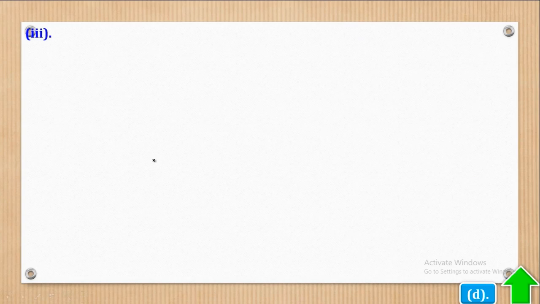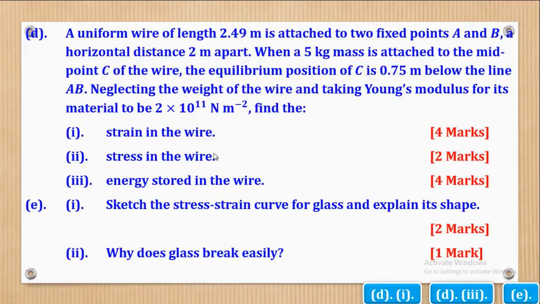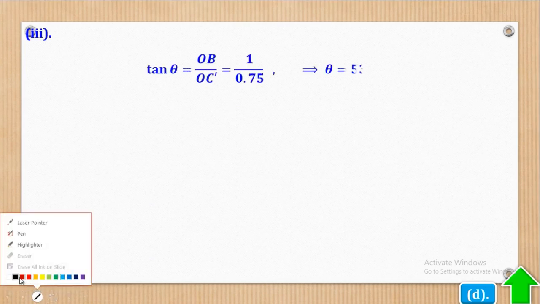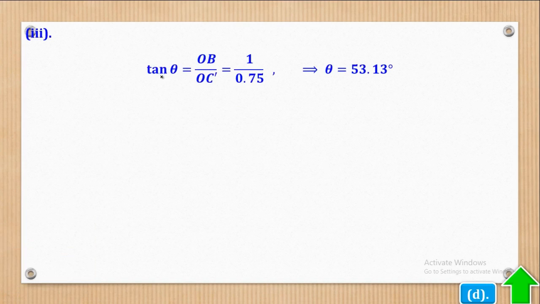So now we shall go to part D, Roman 3. So Roman 3 says they want you to calculate the energy stored in the wire. So first of all, you have to get the tan theta.